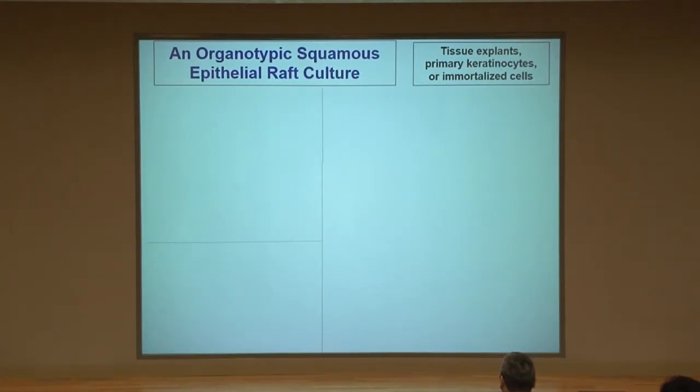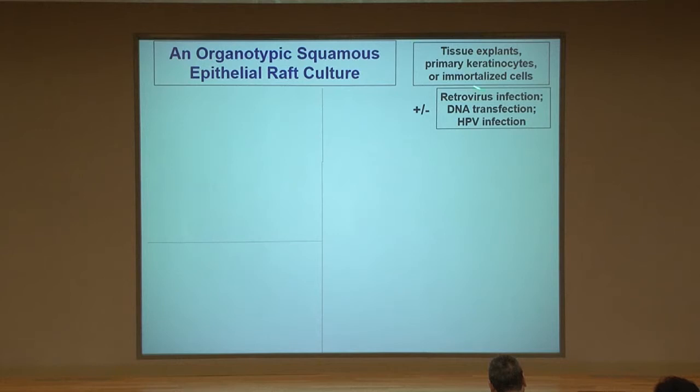So how do we study this virus? And this is a system two of our students developed back in the early 90s. So we can take a tissue explant, most of the time, actually virtually all the time, we're using primary keratinocytes recovered from neonatal foreskin circumcision. And many labs use immortalized epithelial cells.